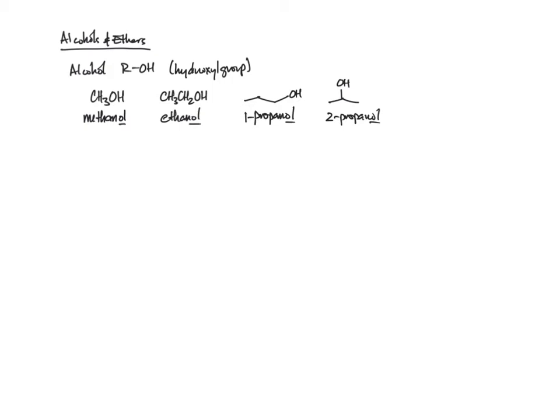So let's look at one more type of alcohol here. So if we have this sort of parent here, 2-methylpropane, and the hydroxyl group is at this position, we would name this 2-methyl-2-propanol.